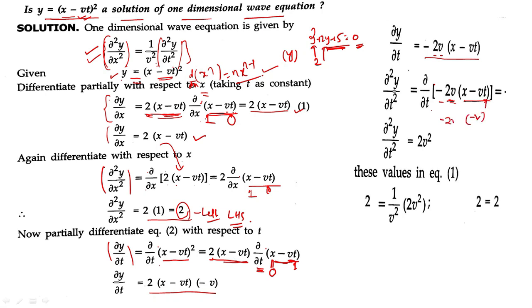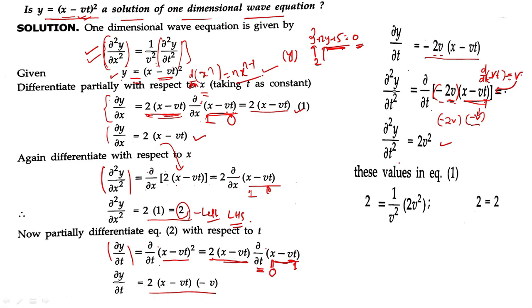So already there was minus 2v, and from the derivative of x minus vt there is minus v, because the derivative of vt is v and of minus vt is minus v. So minus 2v already there, and then minus v, that is equal to plus 2v square.